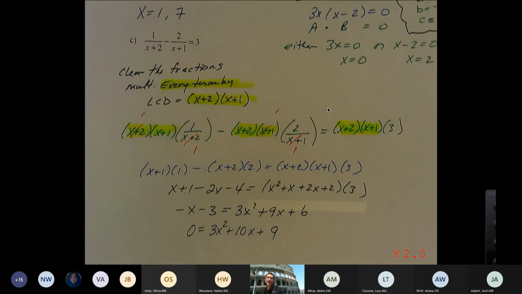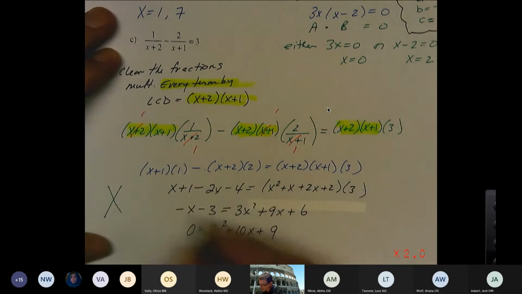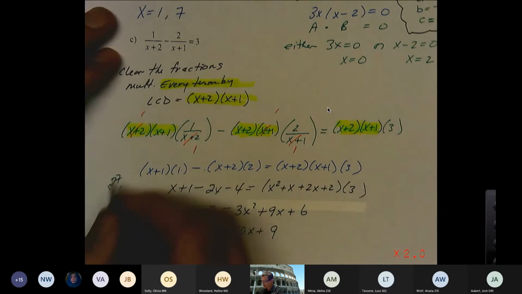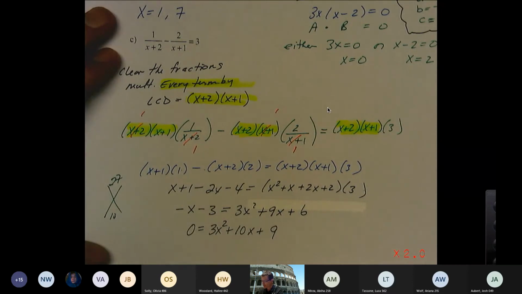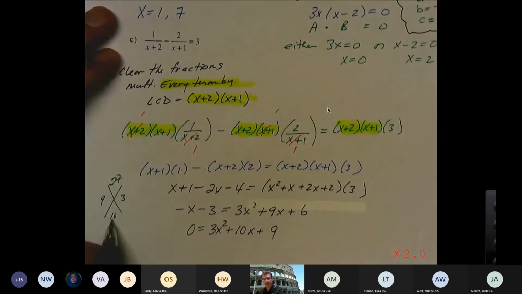I wonder if this will factor. So I come over to another piece of paper or off to the side, and I'm trying to come up with two numbers that'll multiply to give 27 and add to give 10. And I'm thinking the only two numbers that multiply to give 27 are 9 and 3. And there's no way they're going to go together to give 10.